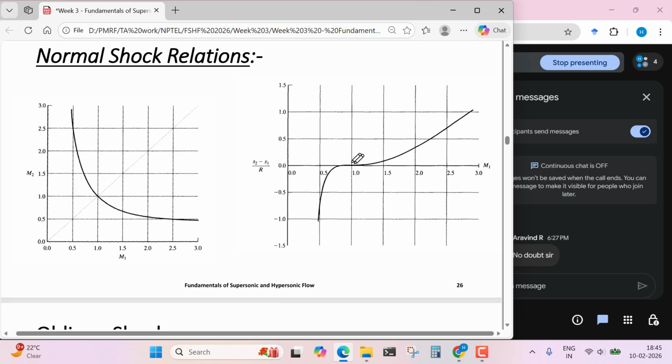Here you can see that for Mach number greater than 1, entropy is increasing, and for Mach number less than 1, entropy is decreasing across the normal shock wave, which is not possible because entropy always increases. So Mach number less than 1 is not possible.